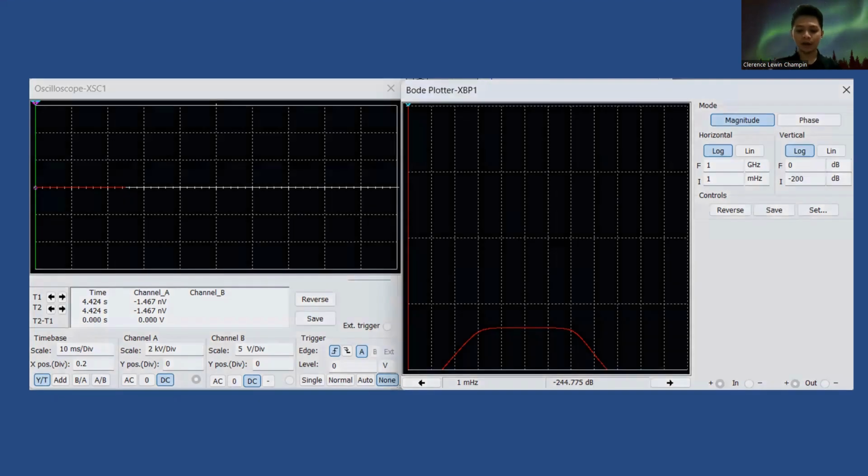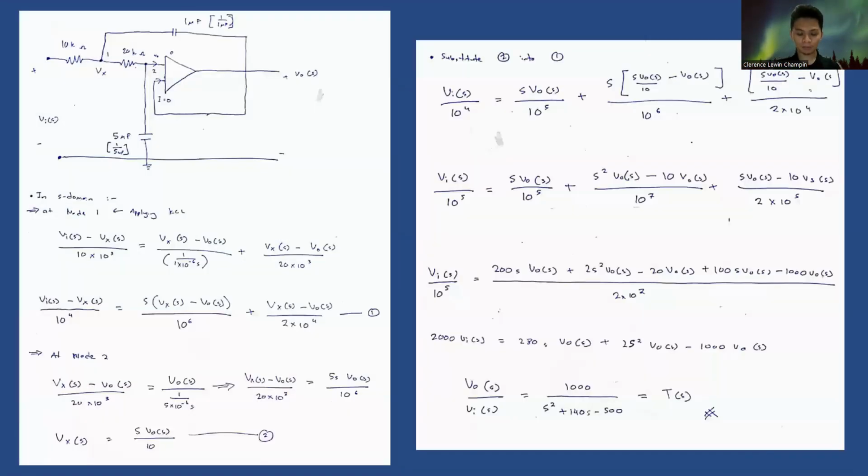So that's why. In terms of MATLAB, we're having problems getting the output response. We tried multiple runs, but we had technical issues and errors. Due to time constraints, we are trying our best to get the MATLAB.